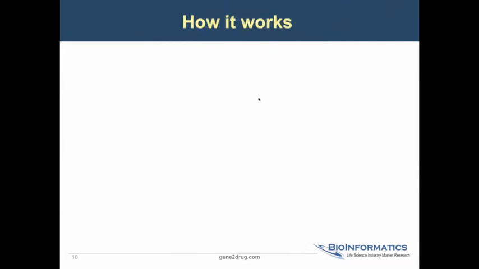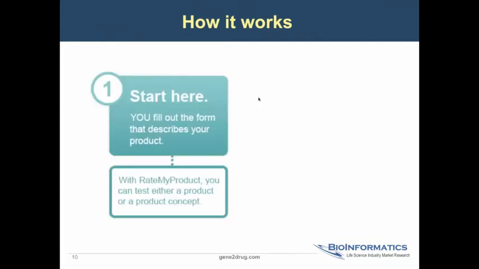First of all, Rate My Product is very easy to use. Here's how it works. You complete an online form that answers a few questions about your product, including a description. We encourage you to use the same description you're using or planning to use in your marketing message because you'll be rated on that too. This form will also include the price of your product or a price you wish to test.